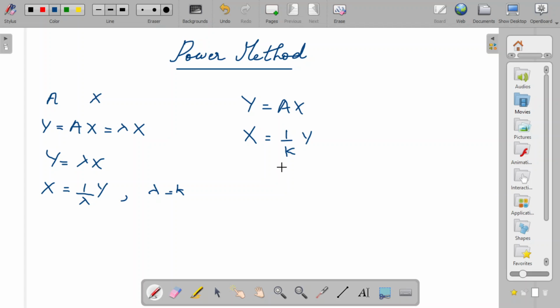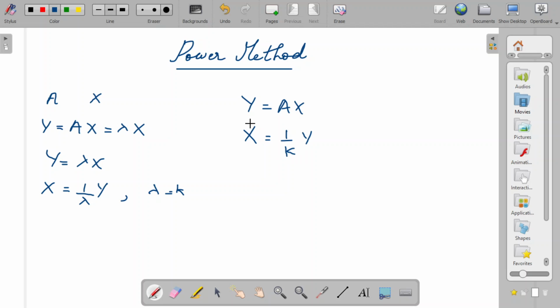This k is the largest value in magnitude among the elements of y. Y is a column vector which contains several elements. So k is actually the largest of the values in the matrix y.